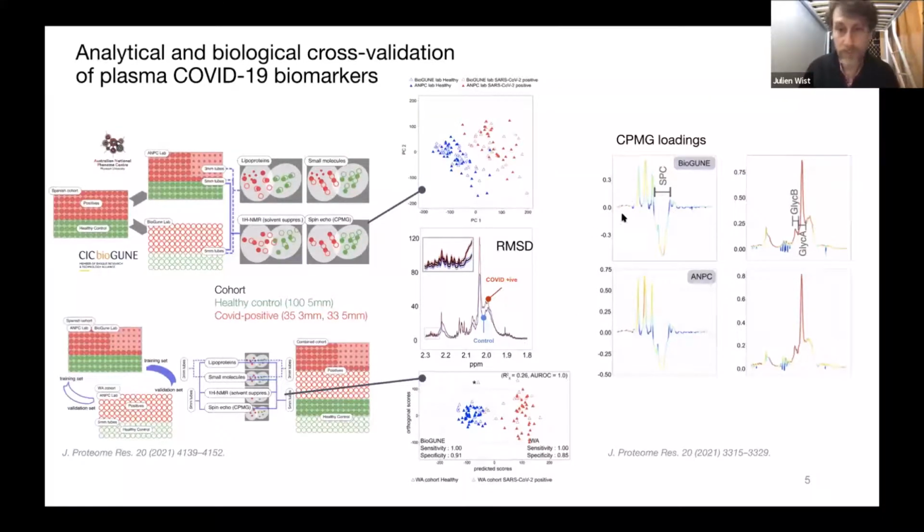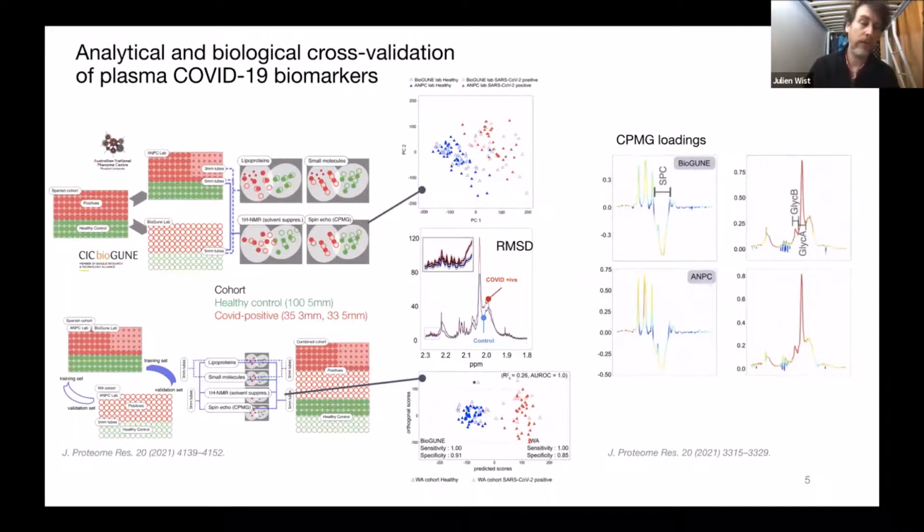But most importantly, if we look at the loadings, the loadings are very reproducible. It means that the biomarkers highlighted by our measurements at ANPC and the measurements performed at SIG BioGuinea in Spain were very similar and all pointing to these inflammation markers. So this is one analytical cross-validation.